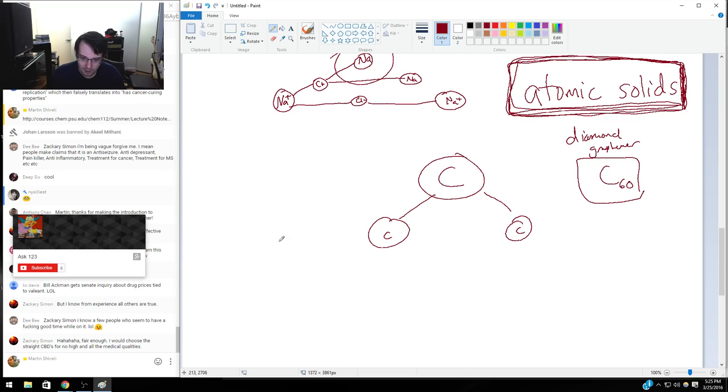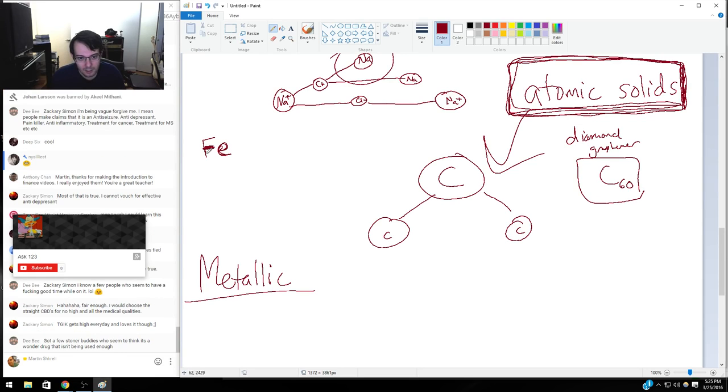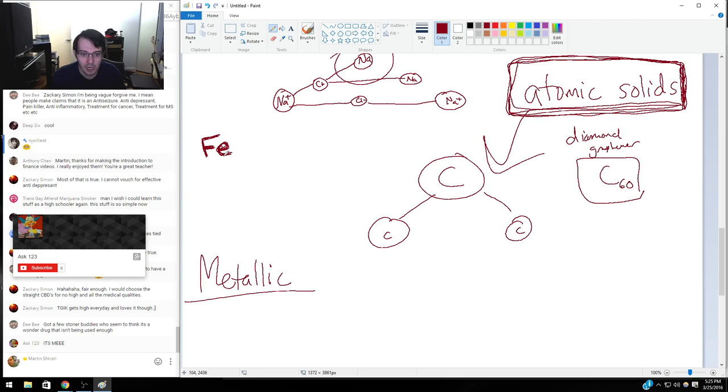for atomic solids like these, we have two or three kinds. So we have metallic atomic solids, like, I don't know, iron. Iron will form a metallic atomic solid, lots of iron, like an iron bar or a gold bar, right?